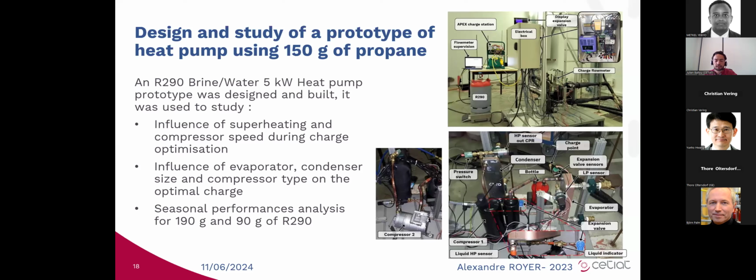And in the end, they also succeeded in making some seasonal performance analysis. And you can see in the picture the prototype that was designed and built in CTAT and tested in CTAT test chamber.